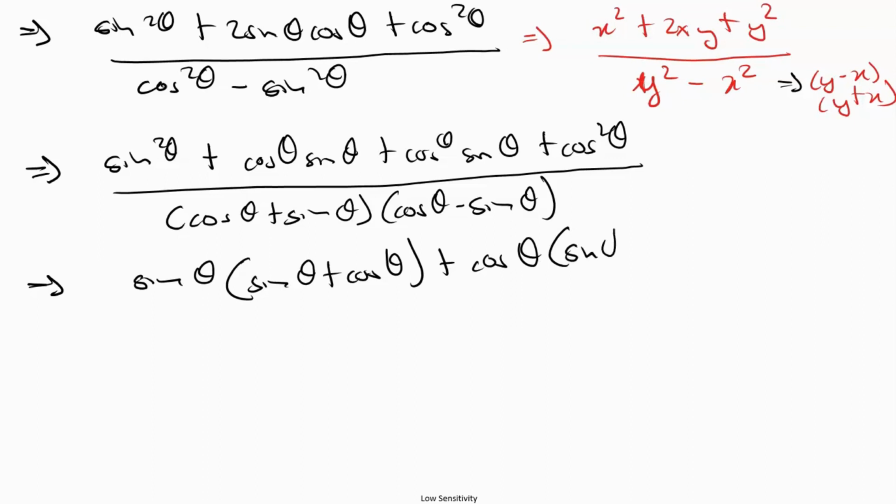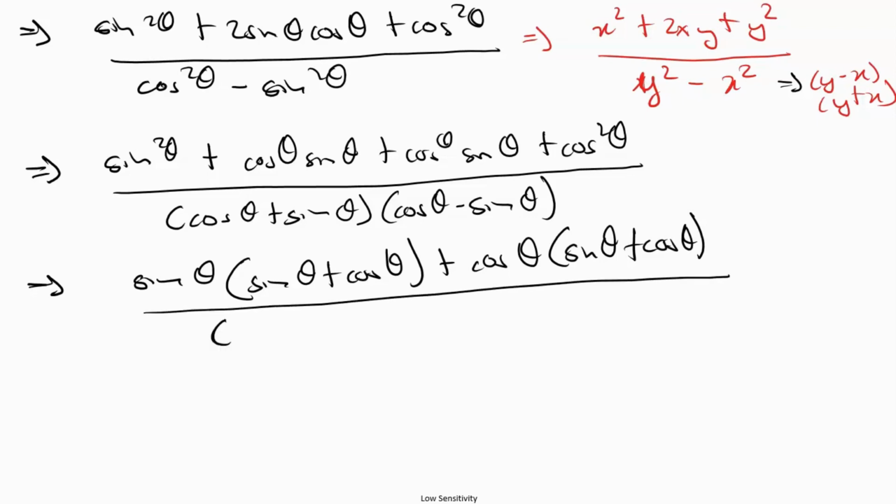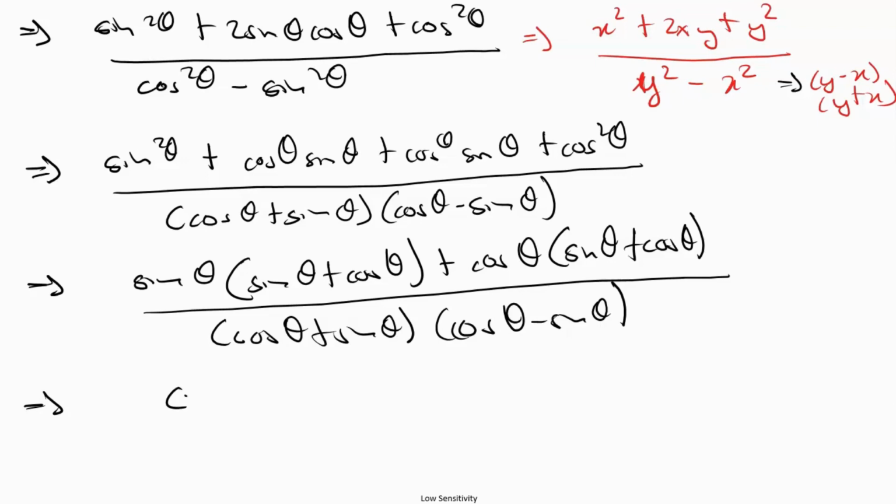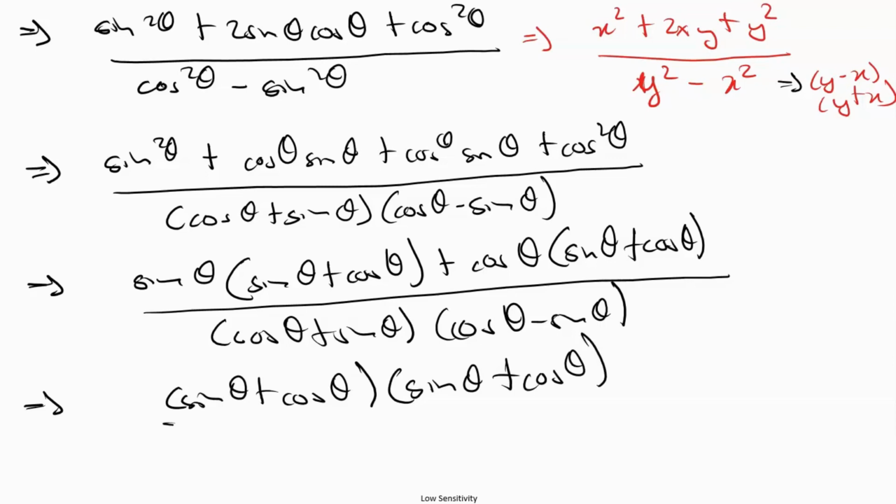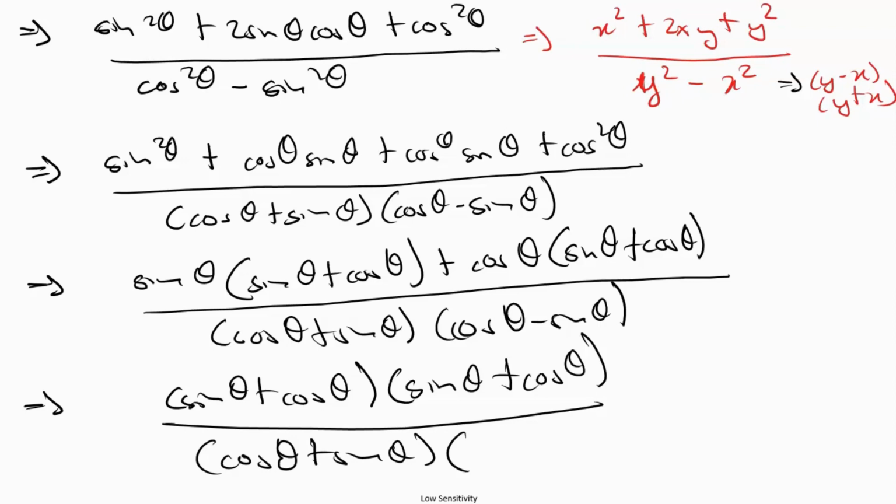It's going to be sine theta plus cosine theta all over cosine theta plus sine theta, cosine theta minus sine theta, which we can write the numerator here as sine theta plus cosine theta all over cosine theta plus sine theta and cosine theta minus sine theta.